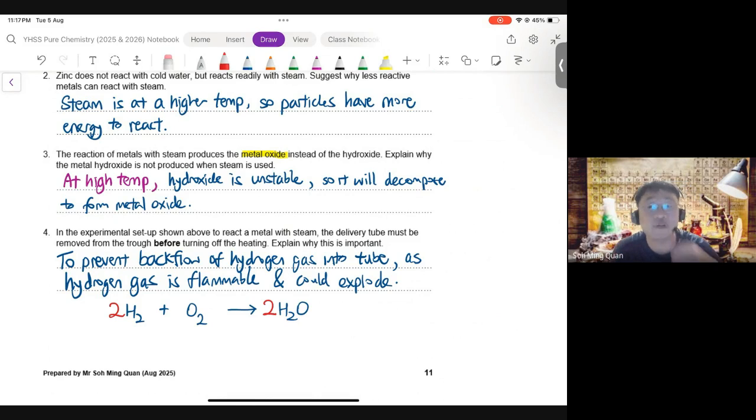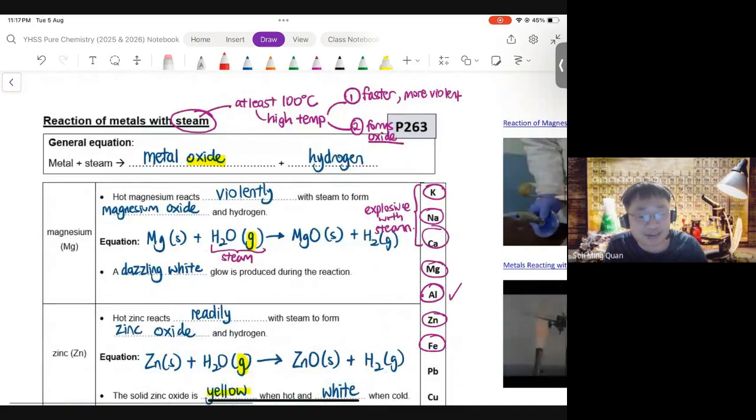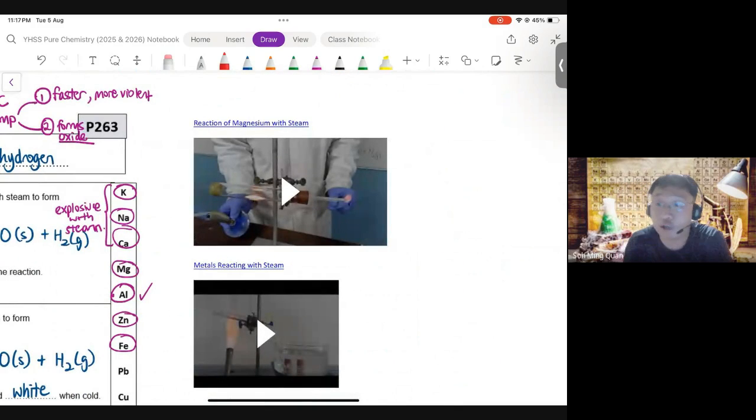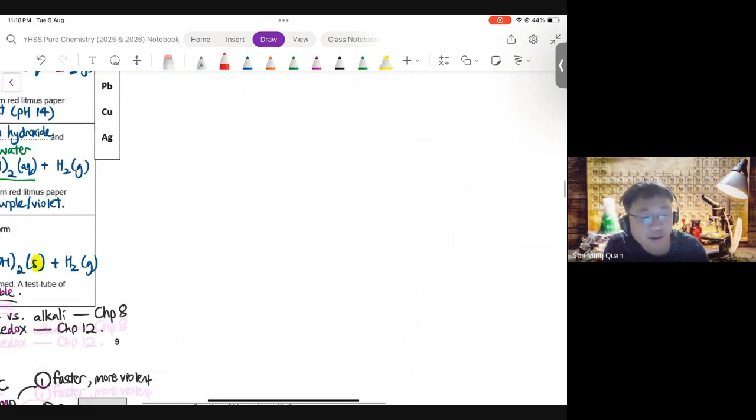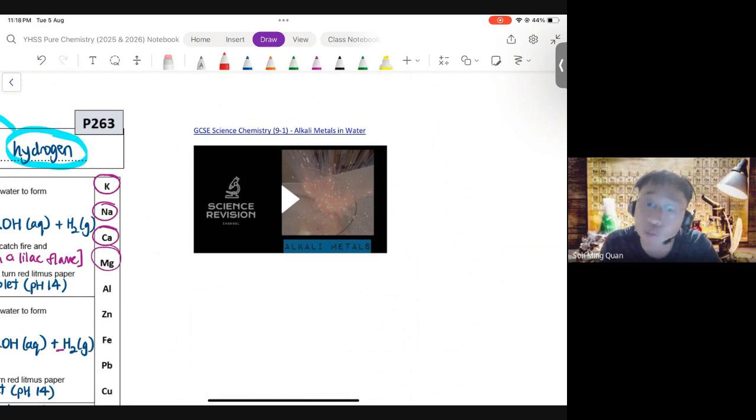Besides that, if you go to your OneNote content library under chapter 15, you will see many videos. Right? You will see videos at the side. These are the videos that you should also watch as part of the learning so that you can see what it's like to react the metal with steam or to react metals with cold water.